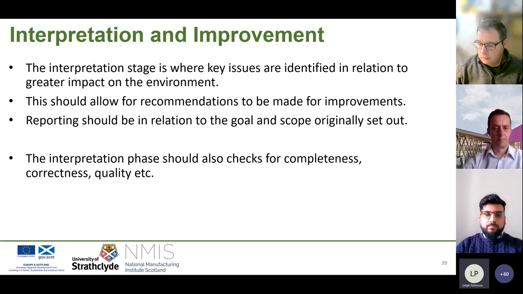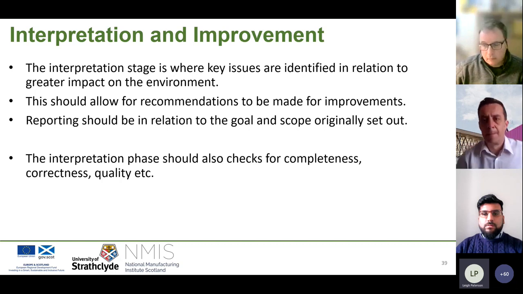So depending on what categories you selected, it could be that you find that one component has a greater environmental impact based on GWP than another, and that's something that you'd like to focus on to try and bring that down. That should therefore open the door to discussions on how can we make changes in the process to reduce the environmental impact, and essentially to try and bring it down for that individual component, for example.